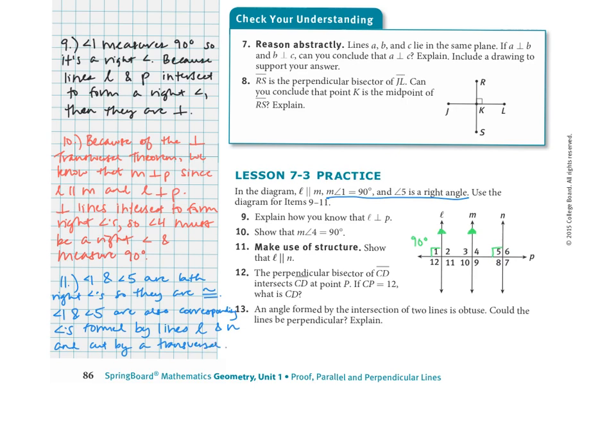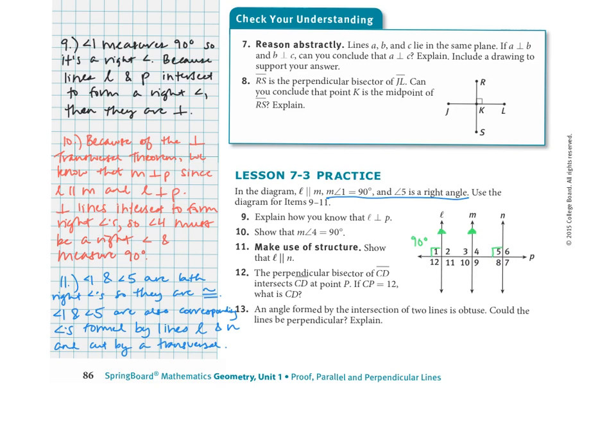So we have to think about what that means. Well, think back to what we looked at yesterday. We started looking in lesson 7.2 at the converse of certain theorems and postulates. Think about the corresponding angles postulate.